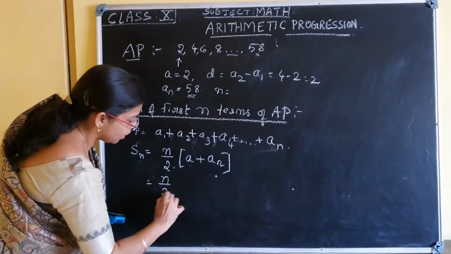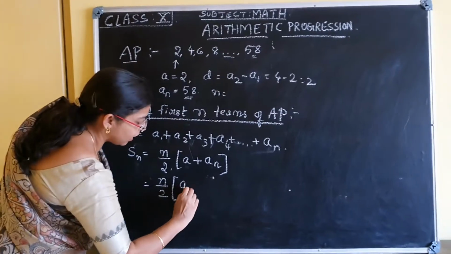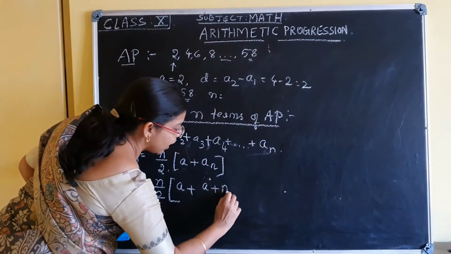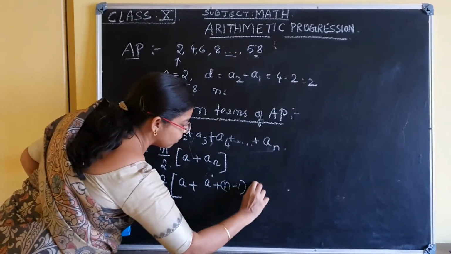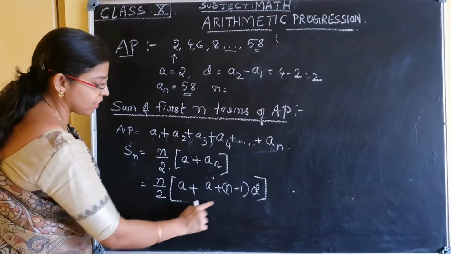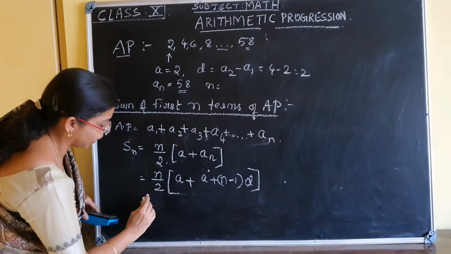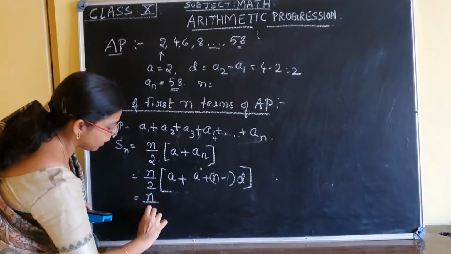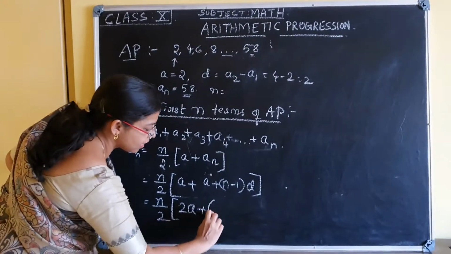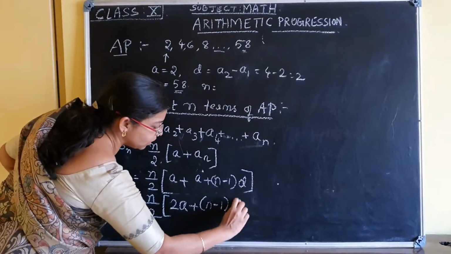Now, we also know that the nth term is given by a plus n minus 1 into d. Right? Therefore, what happens to this expression? a plus a becomes 2a. It is n by 2 into 2a plus n minus 1 into d.